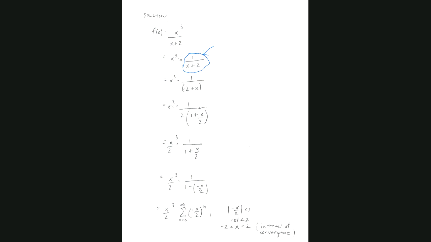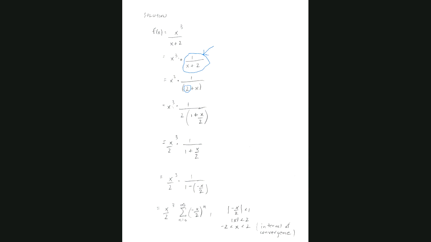So now I have 1 over 2 plus x, but I have a 2 here, right? What number do we want there instead of the 2 for the Apple formula? That's right, Robin. We want a 1 there.